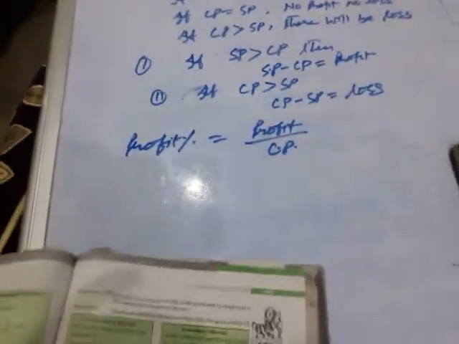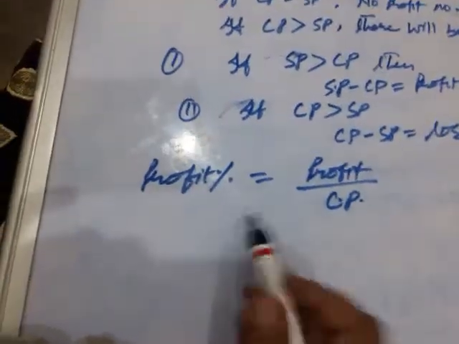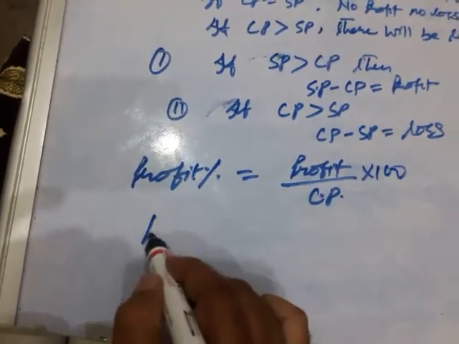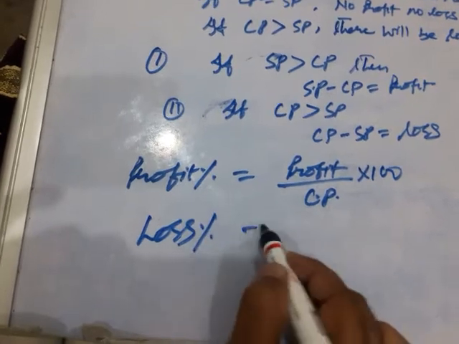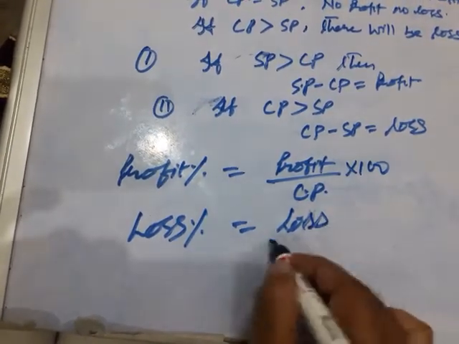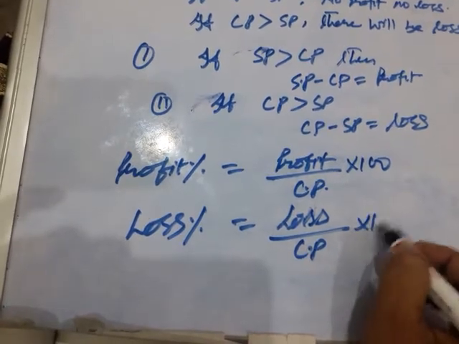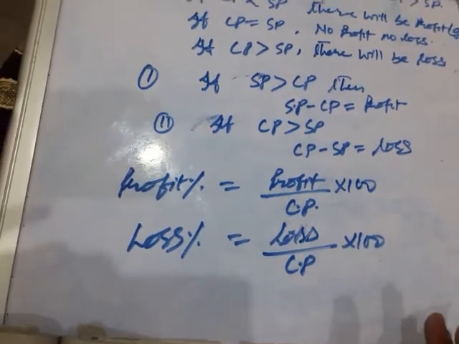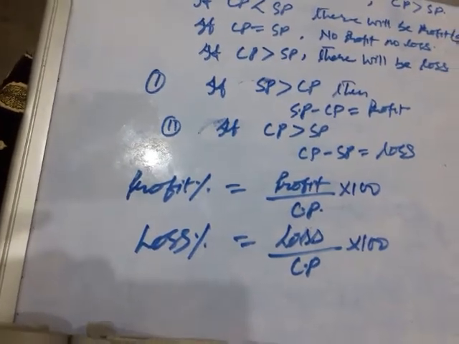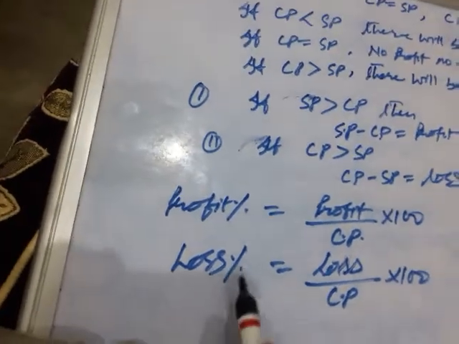At original price you have to calculate profit or loss percent. So profit percent equal to profit upon CP multiply by 100. What is loss percent? Loss percent equal to loss upon CP multiply by 100.